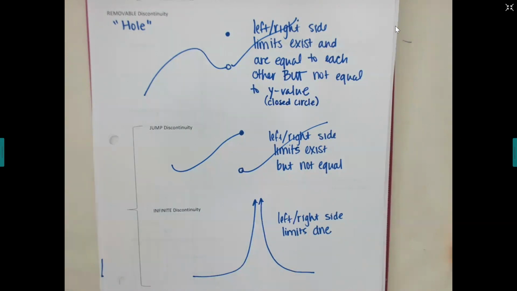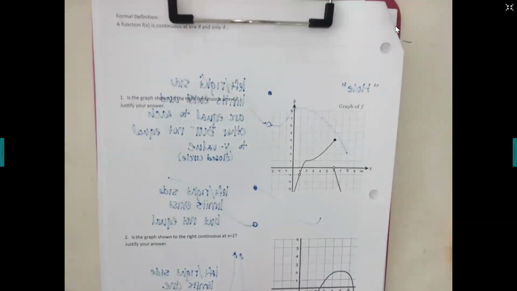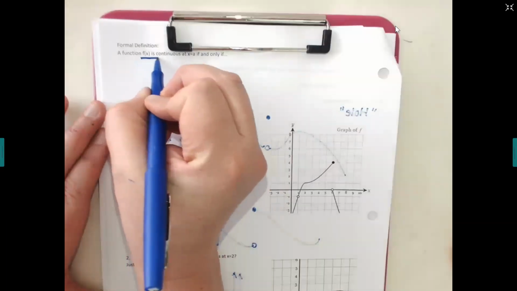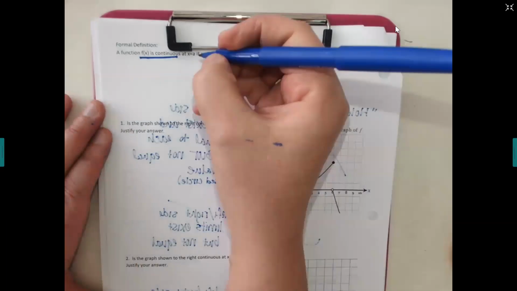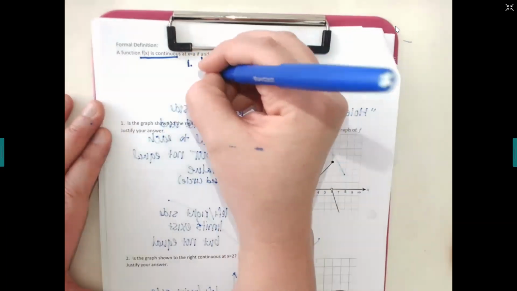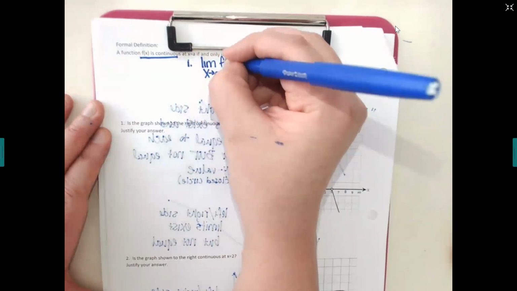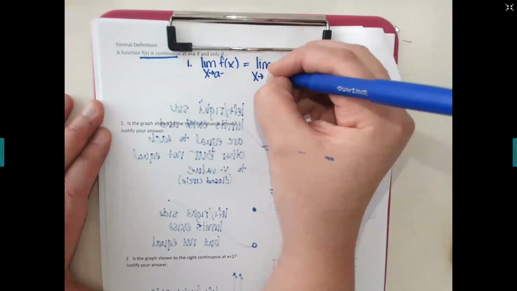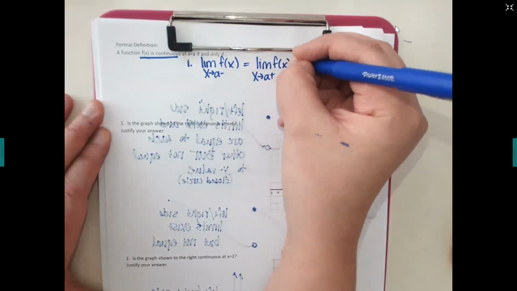Because we need those three things, we're going to do a formal definition of how you can prove on the AP test that something is continuous. The first thing you're going to need, we're going to put up here at the top: a graph is continuous if the limit as x approaches a from the left equals the limit as x approaches a from the right.